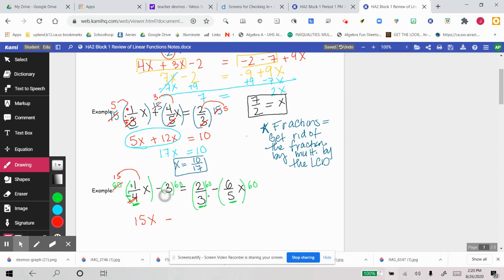Minus, there is nothing underneath this 3 but a 1, so I can't reduce this. I just multiply negative 3 times 60, which is 180, equals. 3 goes into 60 20 times. 20 times 2 is 40. 5 goes into 60 12 times. And 12 times negative 6x is negative 72x.